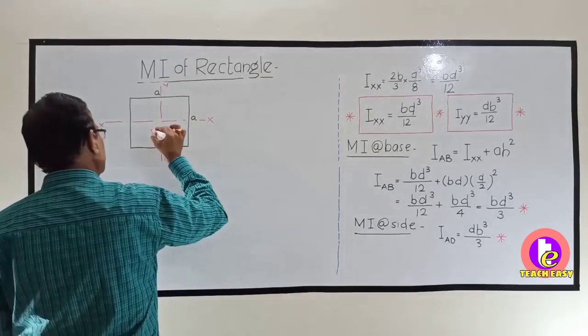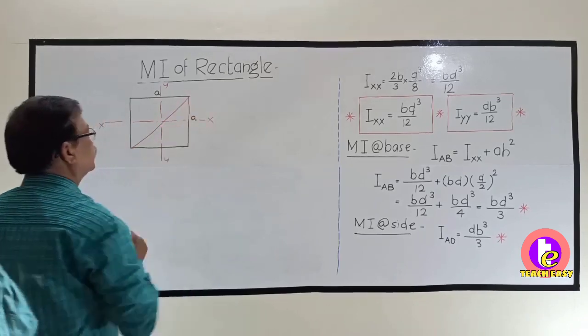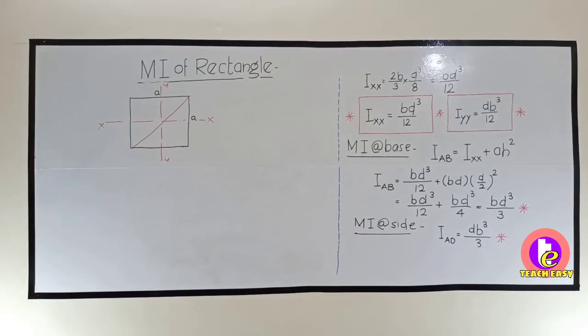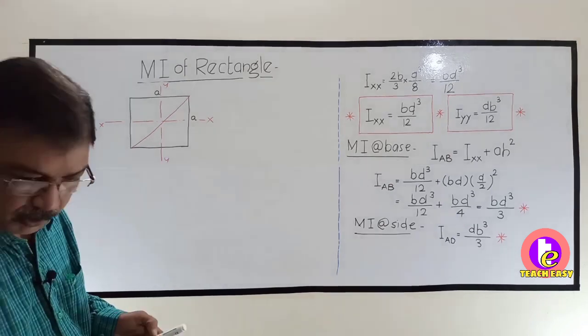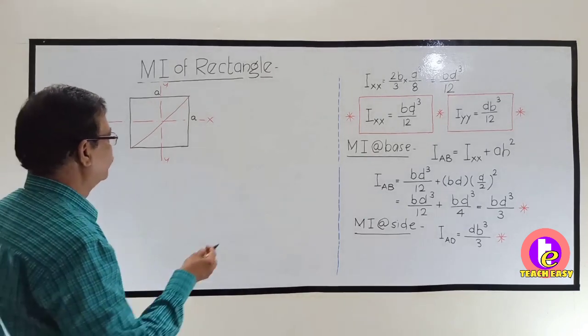And for square, the moment of inertia about diagonal is also same.